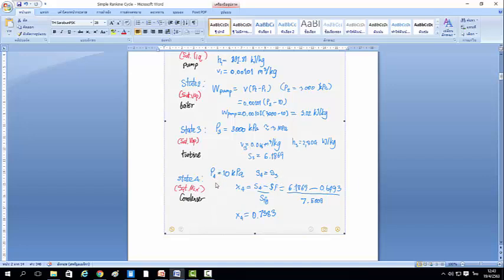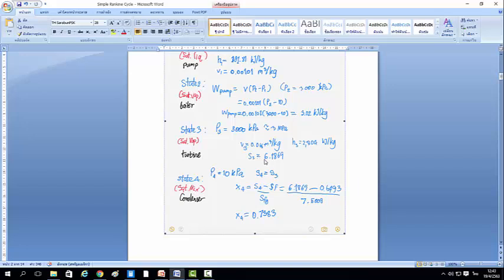So we have to find a quantity, the quality x4, and the quality has a formula: x4 equals S4 minus Sf divided by Sfg, and you can open the table to find Sf and Sfg at 10 kilopascal.